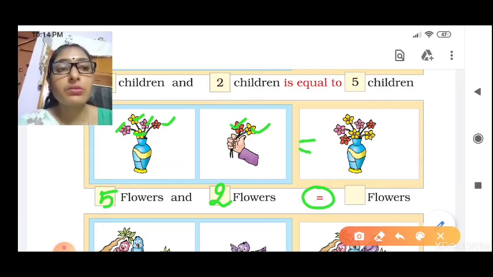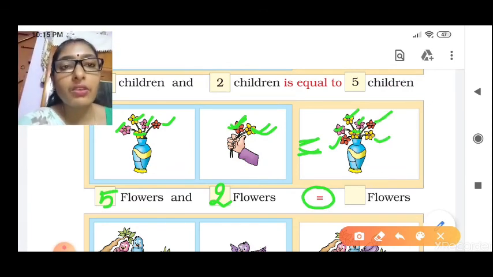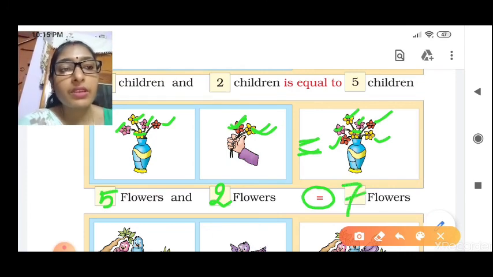Like this we write the equal sign, 2 parallel lines. So how many flowers will it be? 5, 6, 7. Let us count here: 1, 2, 3, 4, 5, 6, 7. So total 7 flowers. So 5 flowers and 2 flowers altogether is equal to 7 flowers.